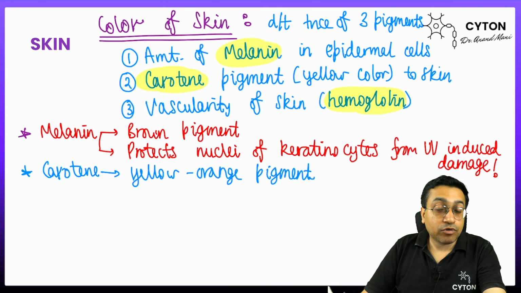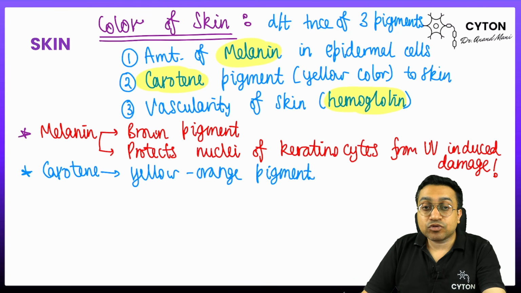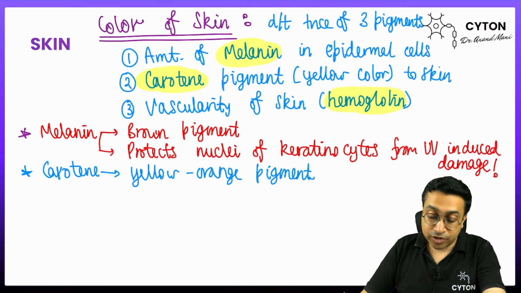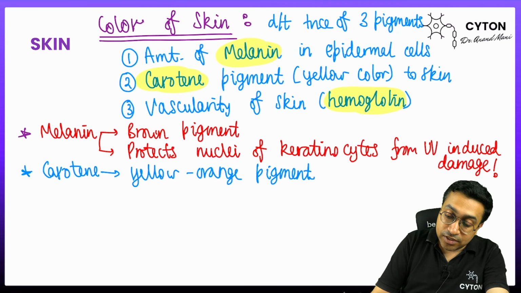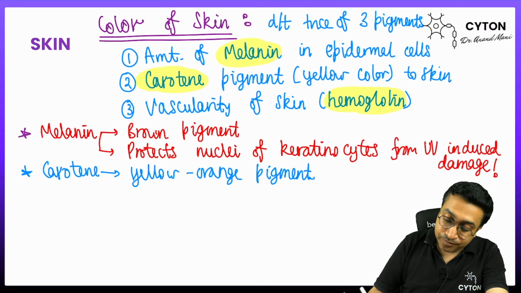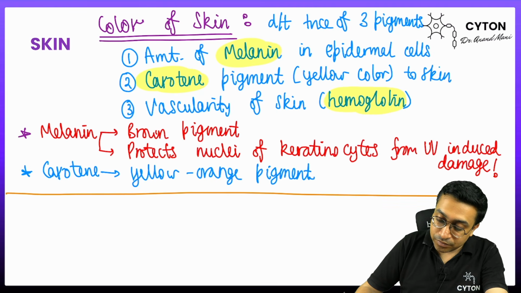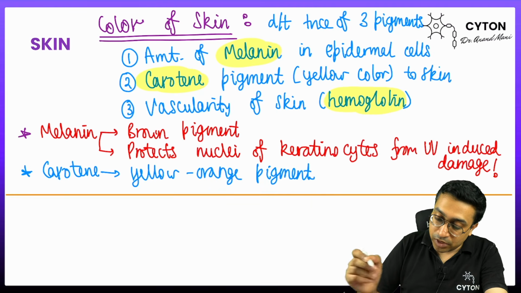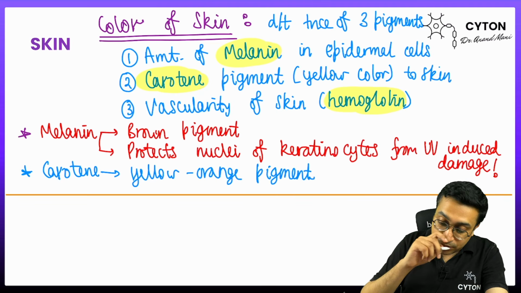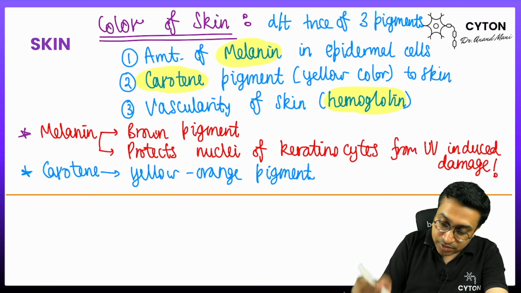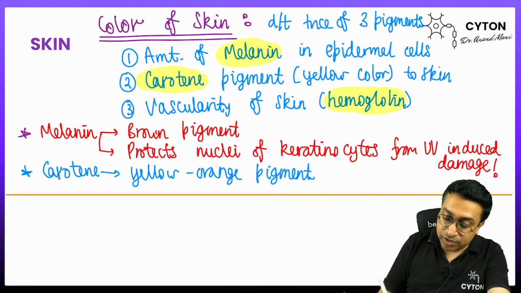It is taken from the food and it is present in the stratum corneum and the fat cells of the dermis and superficial fascia. So these are certain things which you can remember. Next we come on to the entity that is the clinical integration.